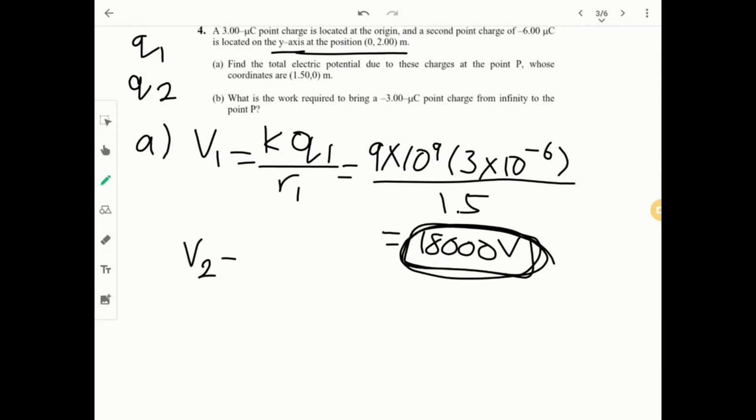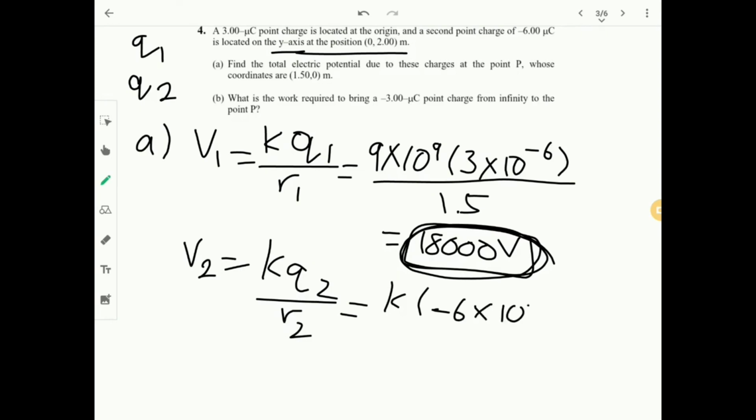Now let's find V2 as well. This is again KQ2 over R2, which is K, 9 times 10 to the 9, times minus 6. The sign is important here. Minus 6 over, now what's the distance? We should do the Pythagorean theorem here: 1.5 squared plus 2 squared.